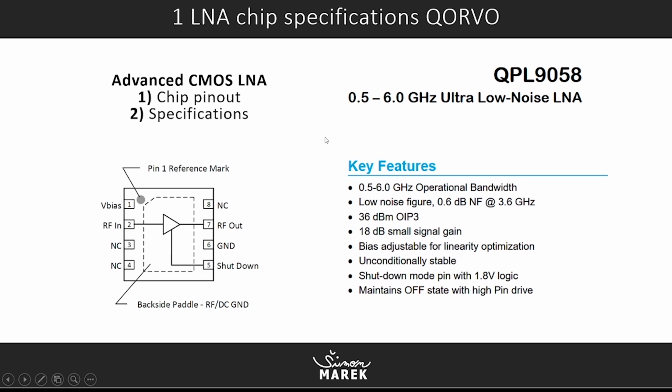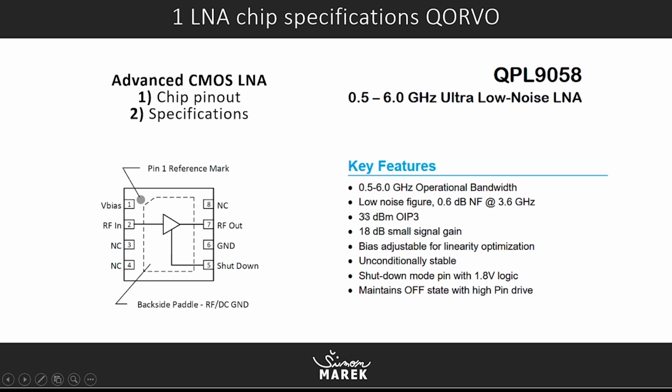And you have some most important features, which is bandwidth, which is from 500 megahertz to 6 gigahertz, and this is operational bandwidth. And then you have low noise figure, which is noise figure at a certain frequency, right?